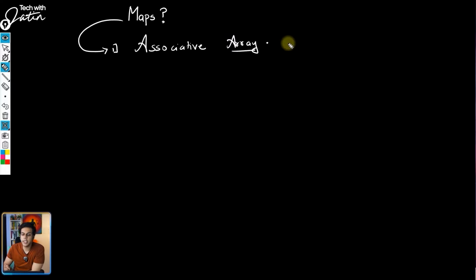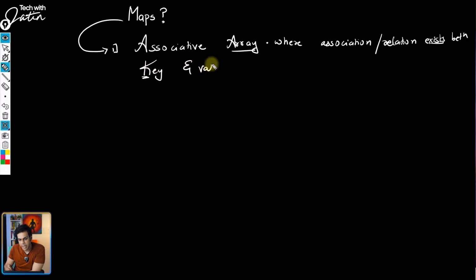So it's an associative array where association or relation exists between the key, all right, and the value. Okay. Now, whenever we want to retrieve the value, you have to use the key.